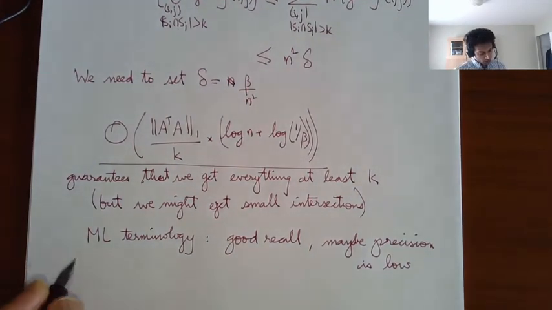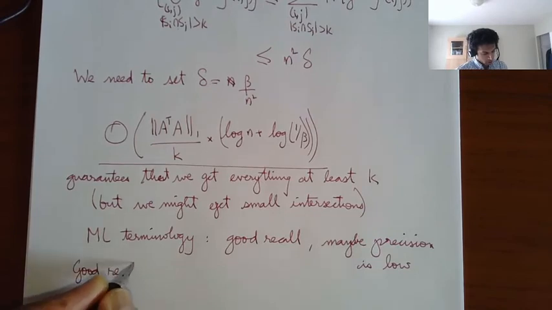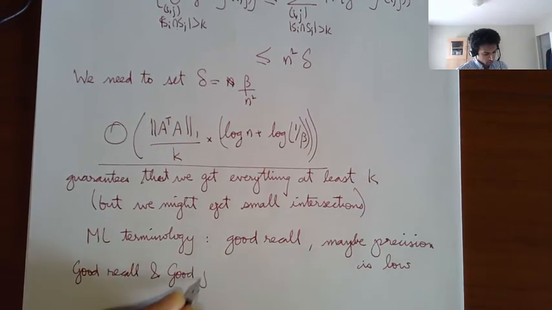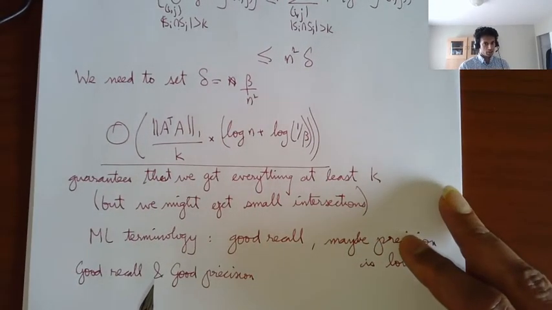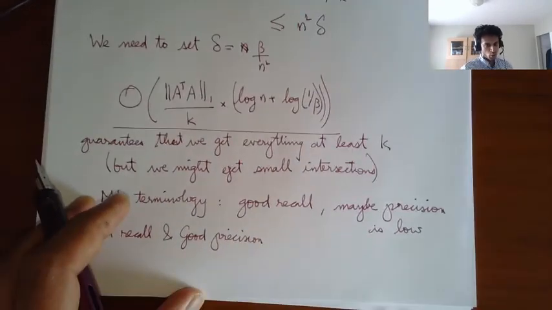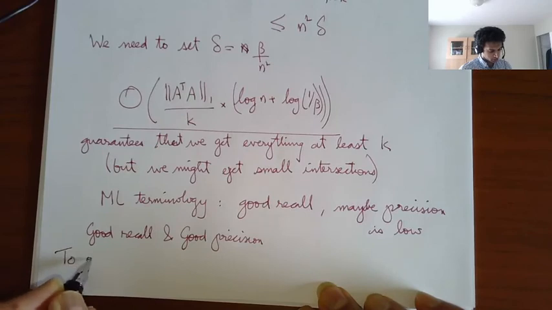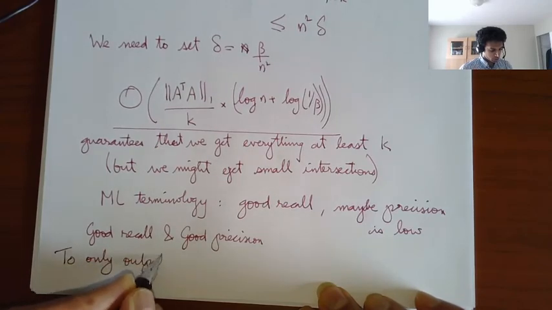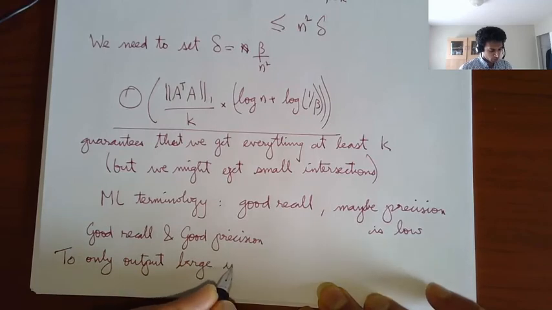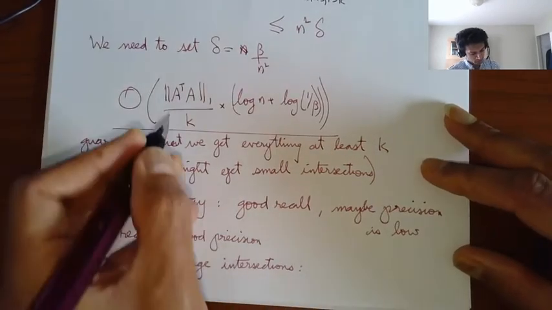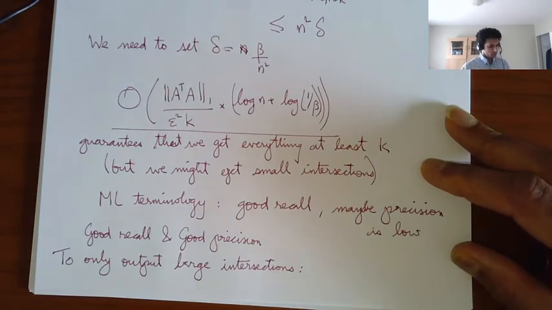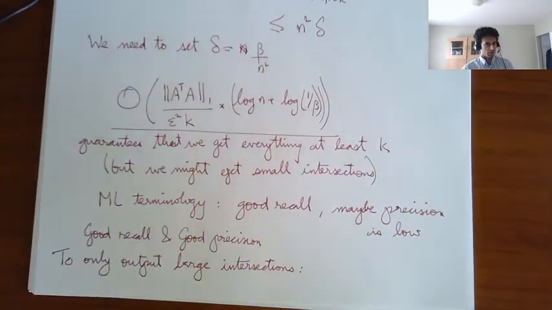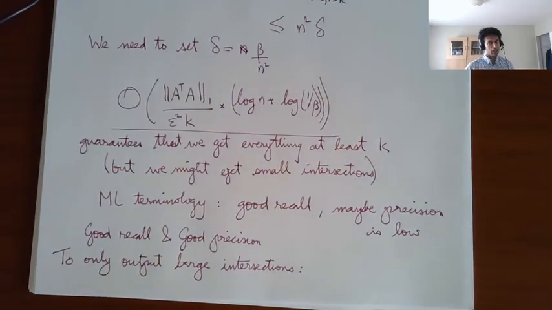And if you wanted good recall and good precision, meaning you only wanted to output large intersections, all you need, if you put an extra epsilon square over there, then you can make it work. So what you do is you would do these many iterations and only report things that were seen often enough.